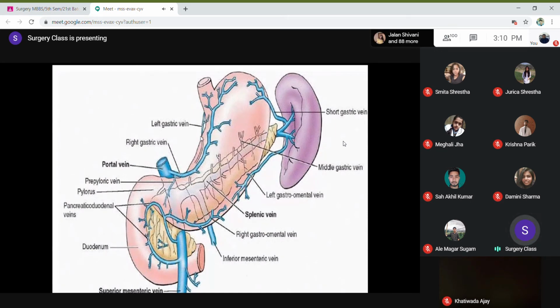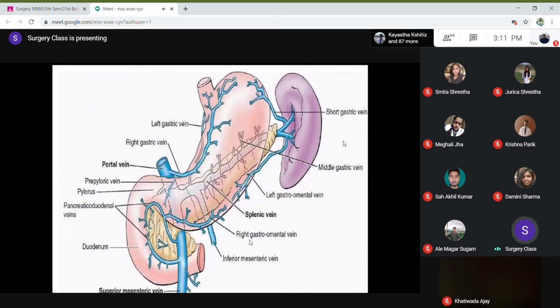The left gastric vein and the right gastric vein drain into the portal vein, giving rise to the prepyloric vein of Mayo. And the pancreaticoduodenal vein drains into the superior mesenteric vein.